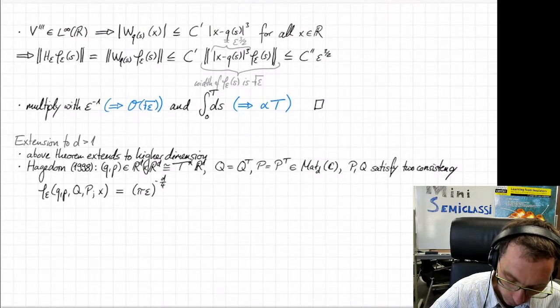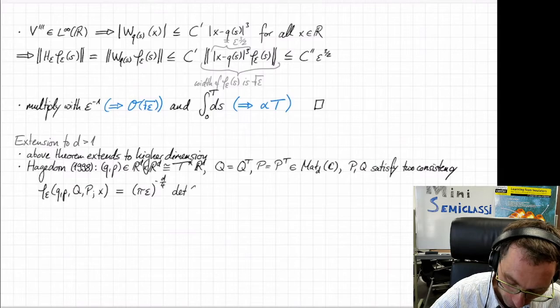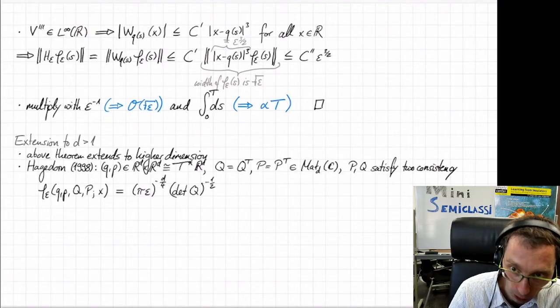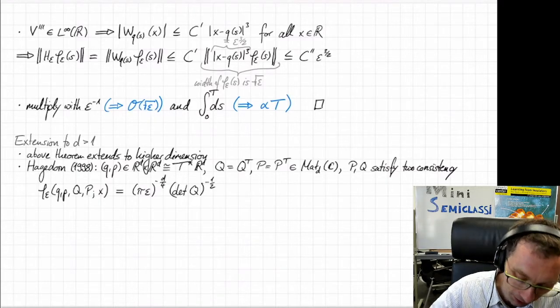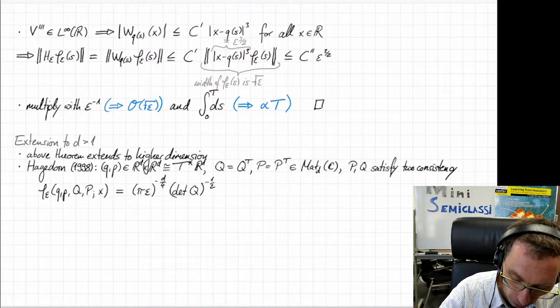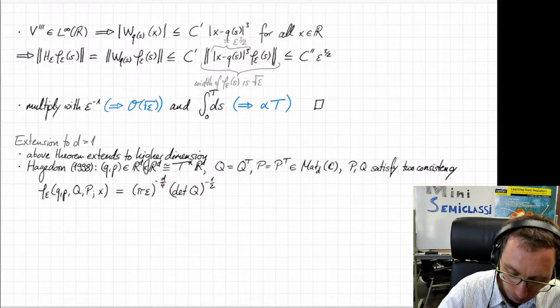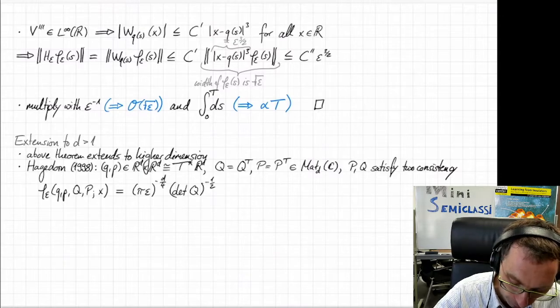Then you take the determinant of Q and raise it to the power minus 1/2. So one of the consistency conditions, or something that is implied from the consistency conditions mentioned here, is that Q is invertible. So this prefactor is nicely behaved.